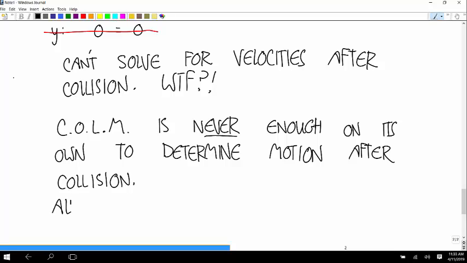You always need information about the nature of the collision.